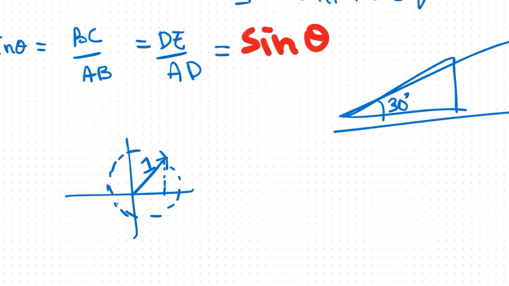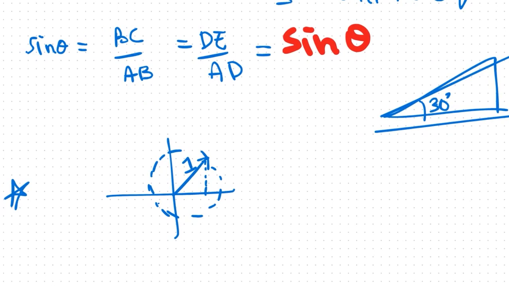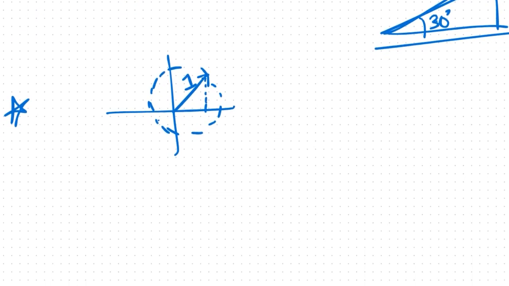Okay. So now that we understood that the results for the unit circle are going to be the same as for any circle radius, let's say this is 1, and let's say this is theta.